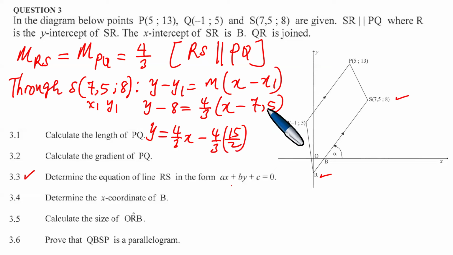Then we add 8 to everything, so that y is 4/3 x minus 4/3 times 15/2 plus 8.